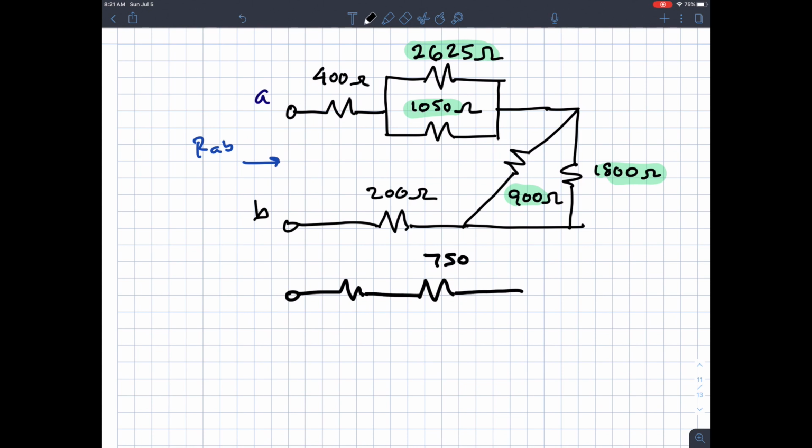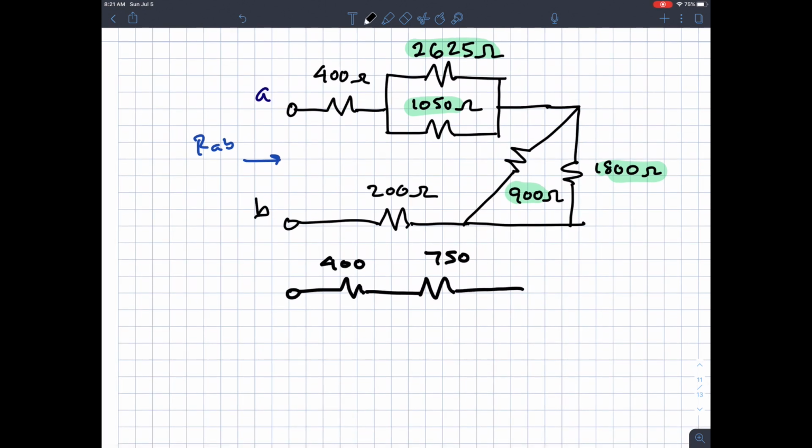Normally when you do resistors in parallel, you get some decimal places, but you get the idea. Next, 1800 is in parallel with 900, so 1800 times 900 divided by the sum. The sum is 2700. So that turns into an equivalent resistance of 600 ohms. And then on the bottom here, I have 200.